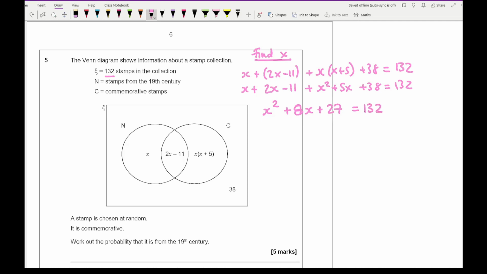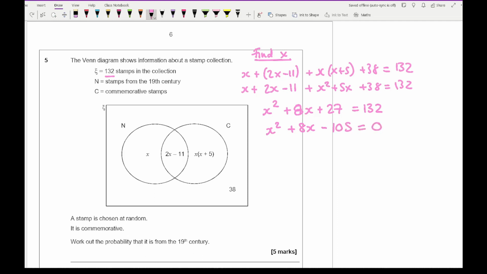We then need to make it equal to 0, so we end up with X squared plus 8X plus 27 minus 132, which gives us minus 105.